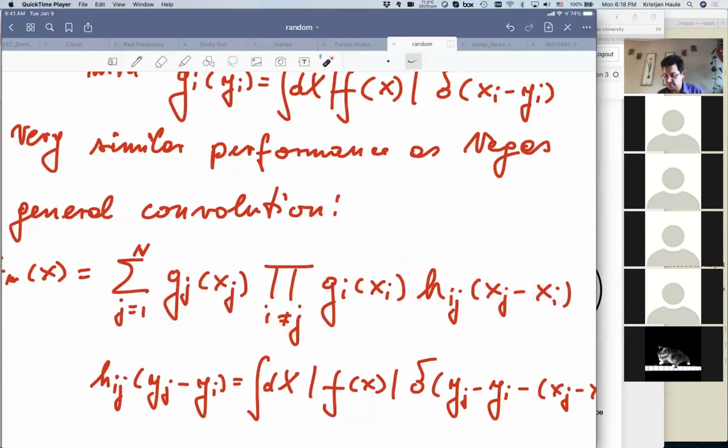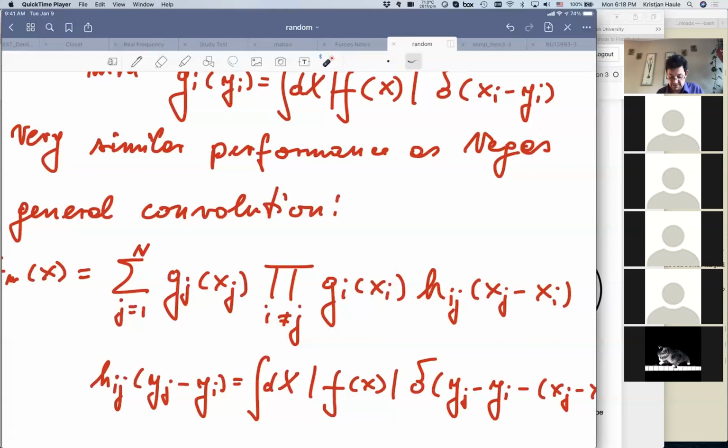But now what we can do here is we can add another function, hij of xj minus xi, which is convolution. And convolutions are very, very common in physics. So lots of functions tend to be convolutions of something. So that's very, very common. So this freedom that you choose a function which is more physical or closer to physical functions, it's very useful.